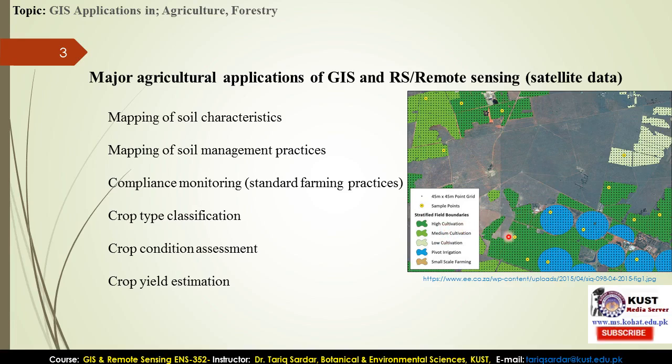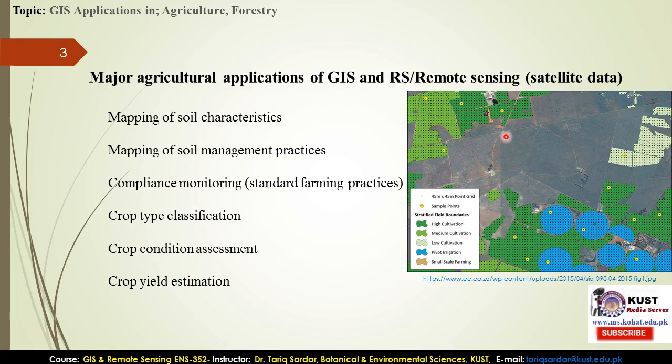The highly cultivated areas here are being shown as more green. Then the medium cultivation areas are also being shown. That's the standard farming practices, the management based practices. And then the crop type classification can be easily done. Low cultivation areas are under pivot irrigation. From that, if we see, the crop type classification can be assessed, whether that area is suitable for any kind of crop like wheat or rice, etc., or maize.